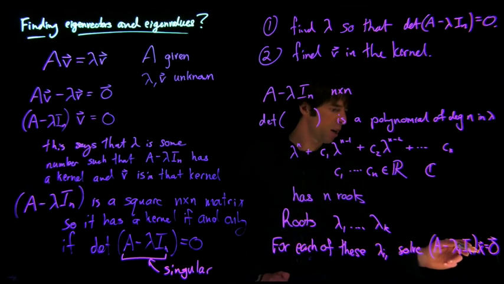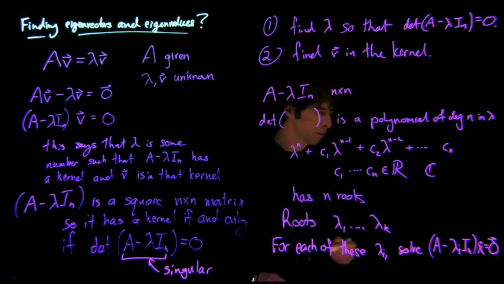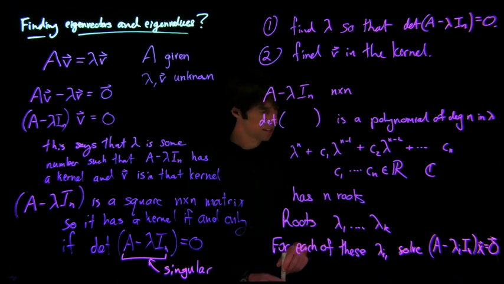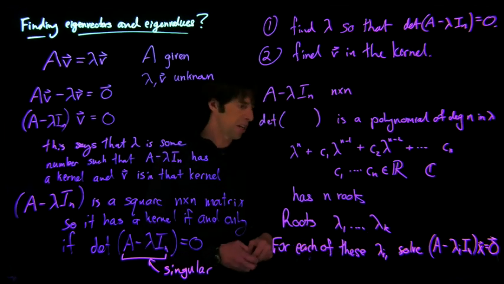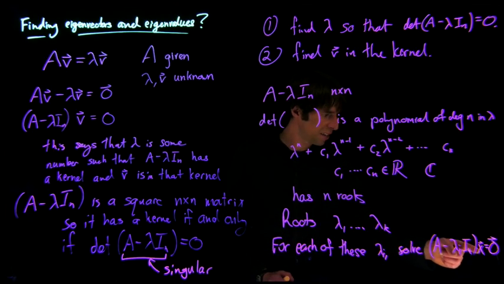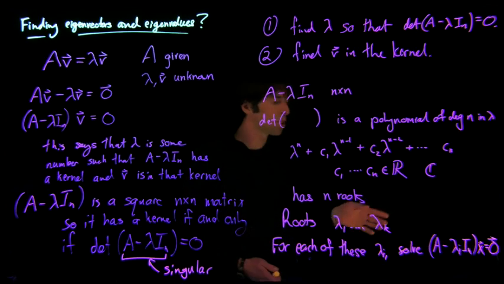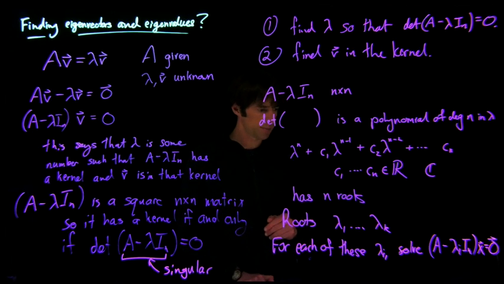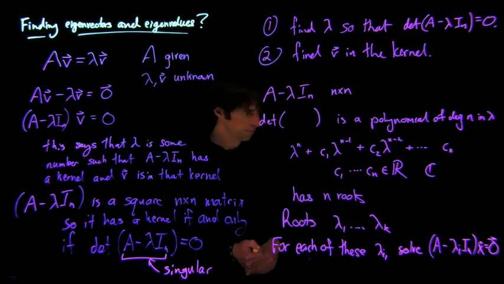So we're looking for some unknown vector x, which sits inside the kernel of this square matrix, and we've chosen this value lambda i to make sure that there is, in fact, a non-trivial kernel. There is some non-zero solution to this equation. You can always take x to be the 0 vector, so that solution is always there. What we're interested in are the non-zero solutions.